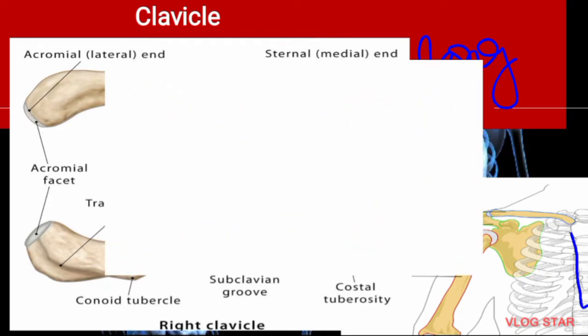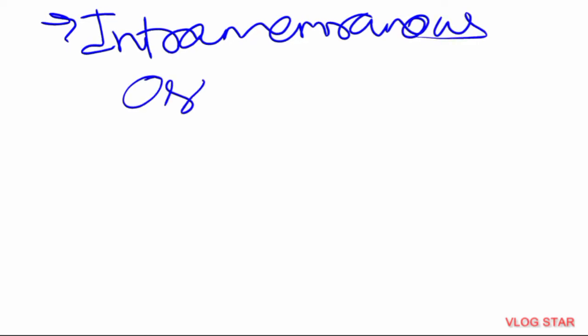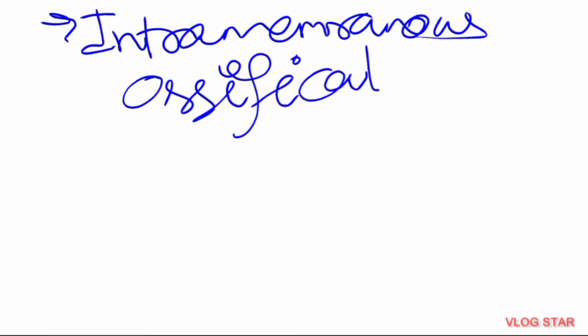Okay. And it is the only long bone which ossifies from a membrane, known as intramembranous ossification. Okay.